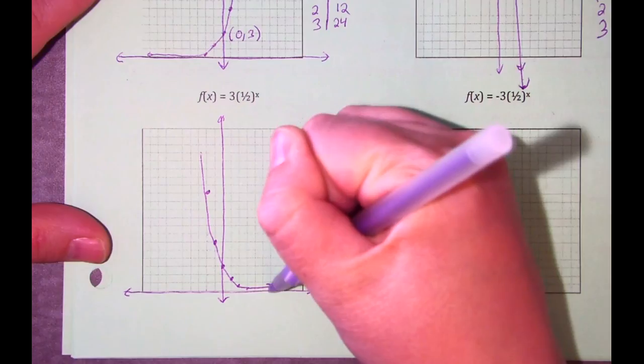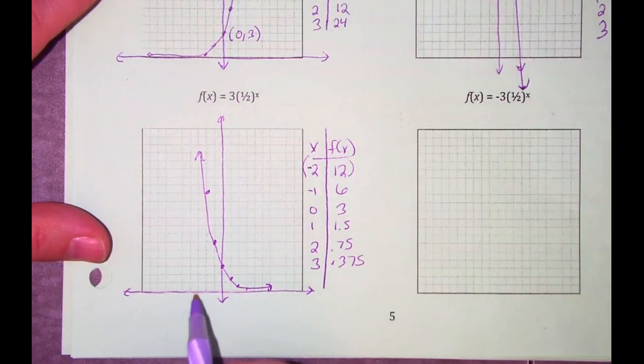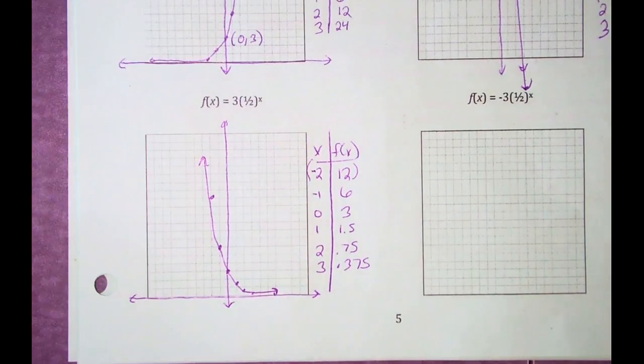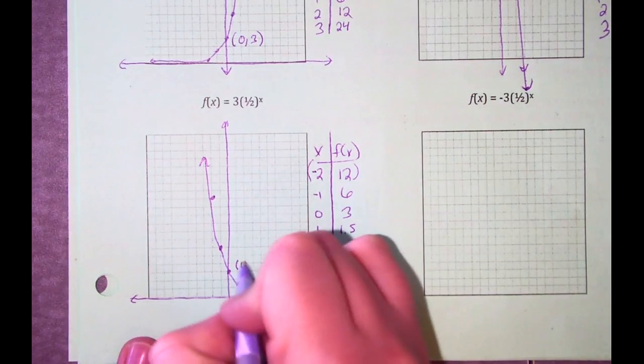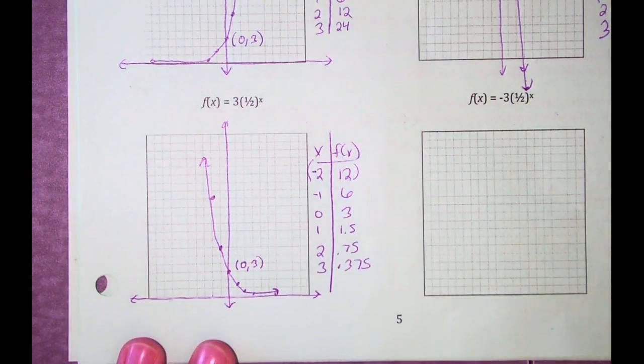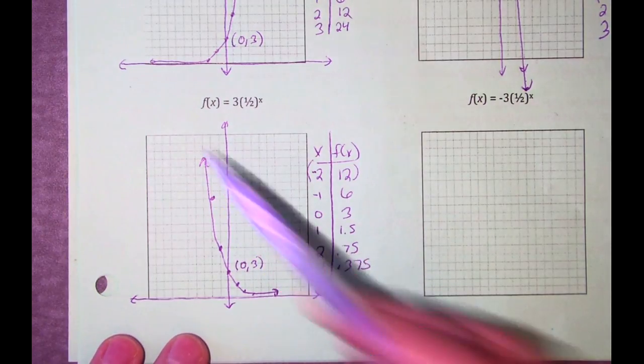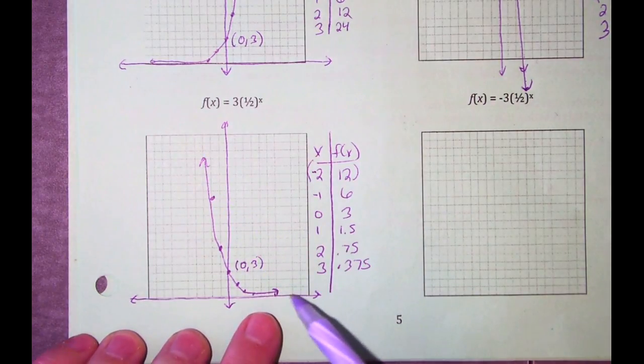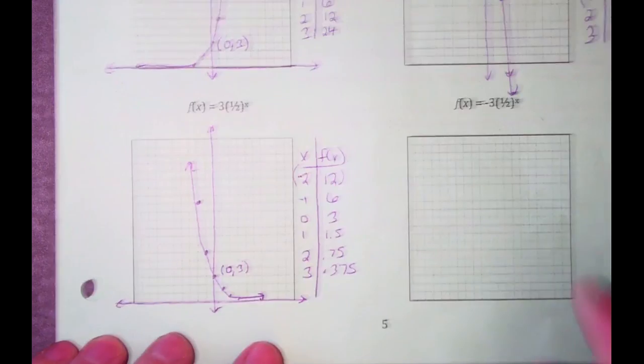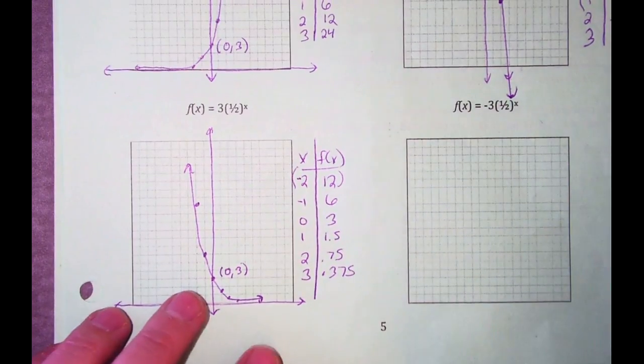So now, my horizontal asymptote is still the x-axis. My y-intercept is still 0, 3. And now to the left, my function is going up to +infinity, and to the right, my function is approaching the x-axis, which is the horizontal asymptote. Notice, well, we'll talk about that in a minute.